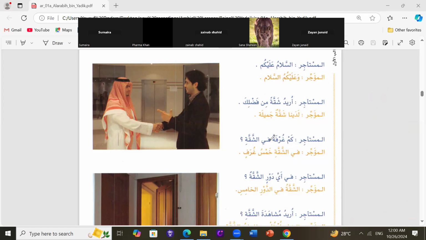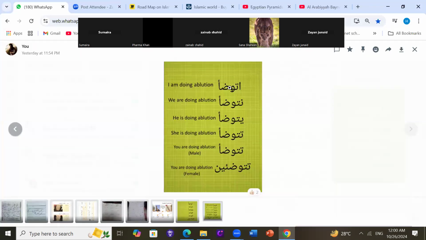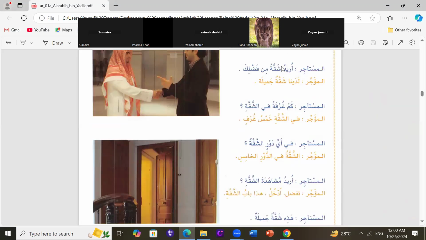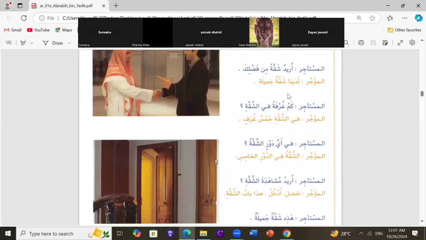So these are words you can easily make all by yourself. In this way, you have so many words in this dialogue. Like uridu, you can make all of the detached pronouns. You can make all of the verb forms of the present.